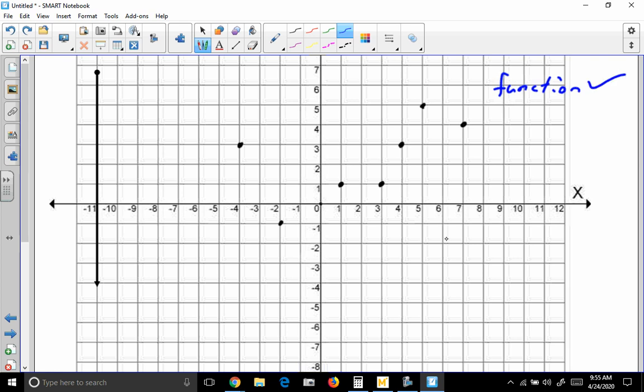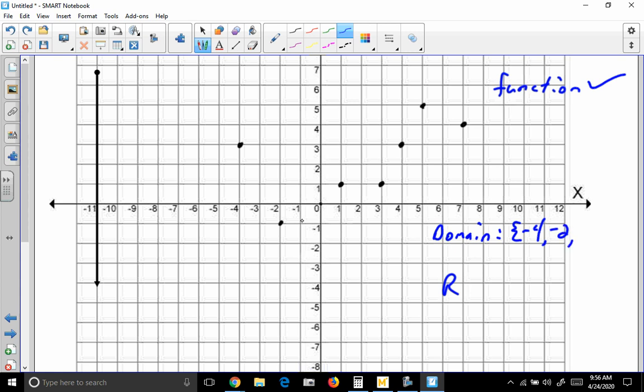While we're here, let's go ahead and list the domain and the range. So the domain, remember, those are the x values. So if we start on the left side, the first x value we come to is -4. If we move from left to right, the next point we come to has an x value of -2.